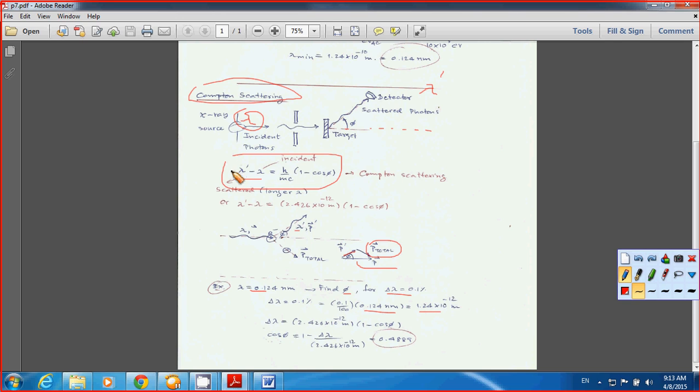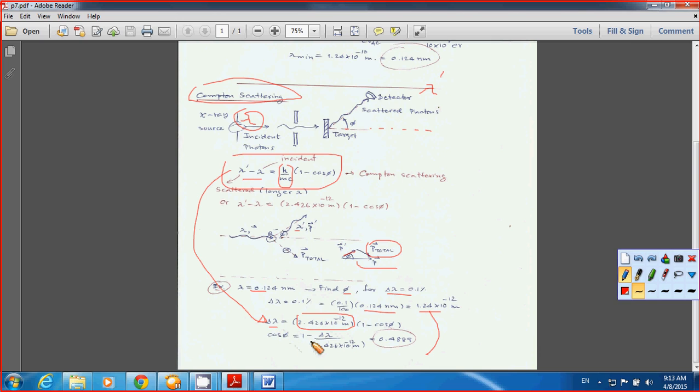Take a look at the equation here. You have h over mc equal to this one, and then multiply by 1 minus cosine phi, and you plug in delta lambda equal to 1.24 times 10 to the negative 12. Am I missing something here?